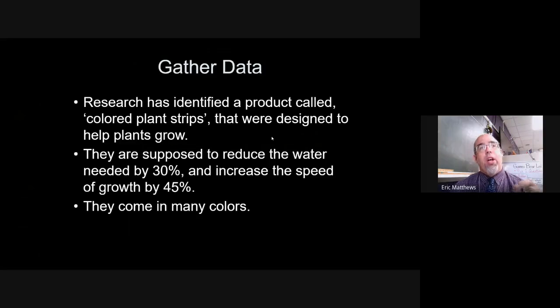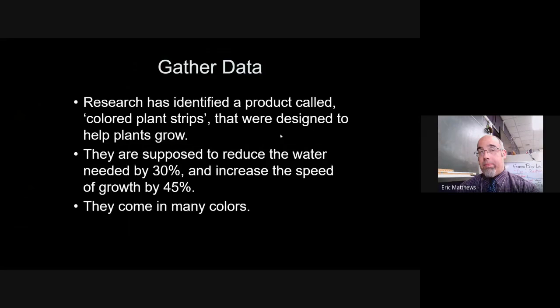These things are supposed to reduce the water that the plant needs by 30% and increase how fast it grows. And they come in all the colors of the rainbow. So that's the data that he collected.